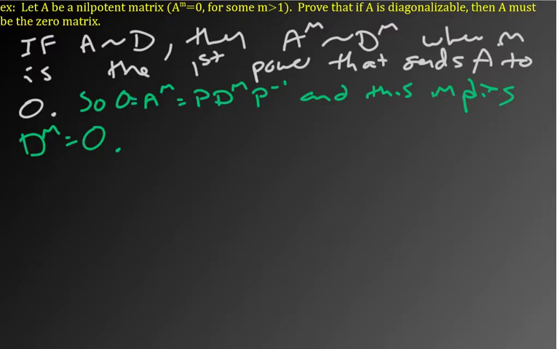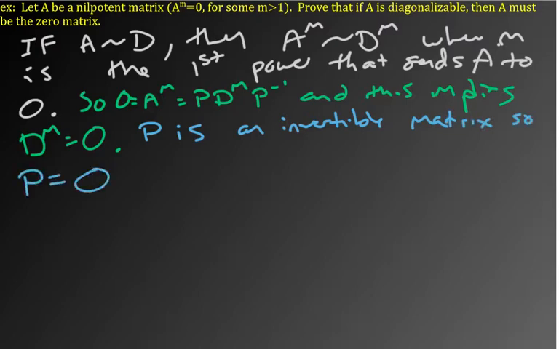So 0, which equals A to the m, is going to equal P D to the m P inverse. And the reason is because P is an invertible matrix. So P can't equal the 0 matrix, right? The determinant of it can't be 0, and the determinant of the 0 matrix is 0. 0 is just not invertible, okay?